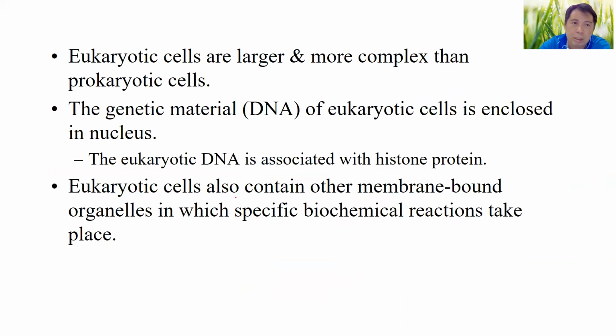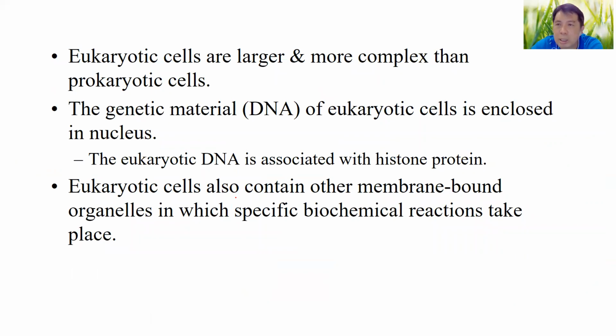You can see eukaryotic cells are larger and more complex than prokaryotic cells, and the genetic material of the eukaryotic cell is enclosed in the nucleus, which is a membrane-bound organelle, the largest one. The eukaryotic DNA is associated with histone proteins, as we showed in the previous diagram.